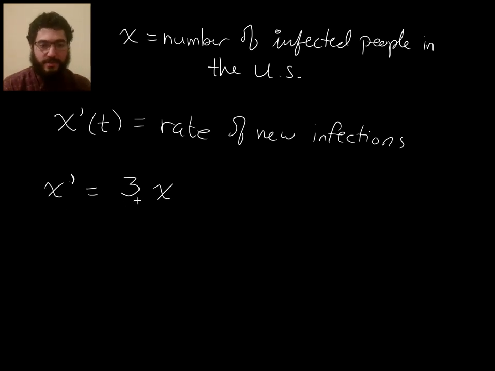It does matter that this number is positive, because that's telling you that the rate of new infections is positive, so you are getting more infections over time. And how many more per day is proportional to how many there are at any given time. Now remember, this way of writing a differential equation is a lazy shorthand for this.